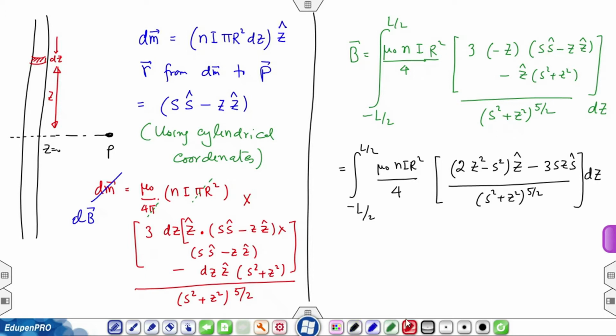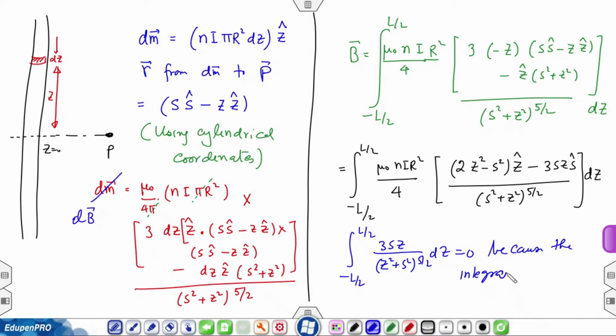Notice that the integration from minus L by 2 to L by 2 of 3 s z over (z square plus s square) raised to 5 by 2 dz is 0, because the integrand is odd in z. So, I am left with only one term.